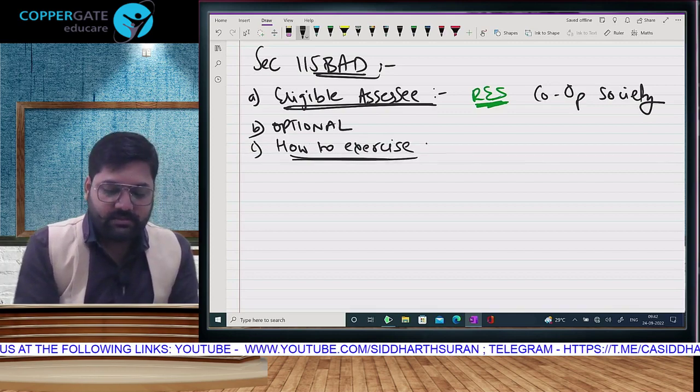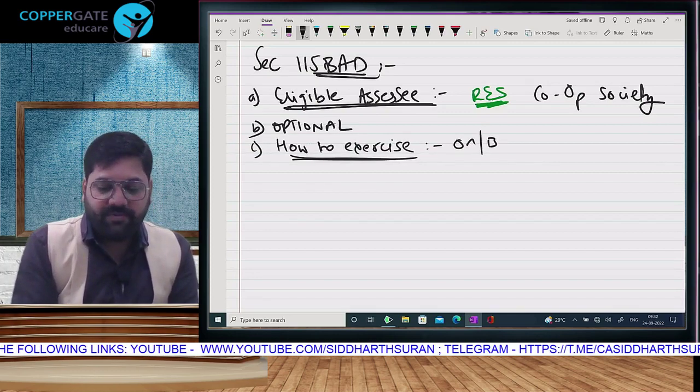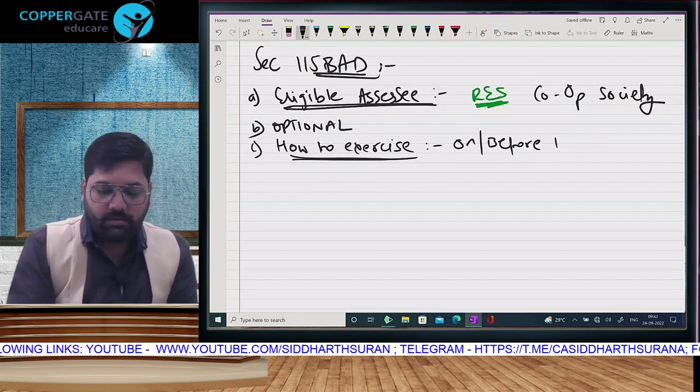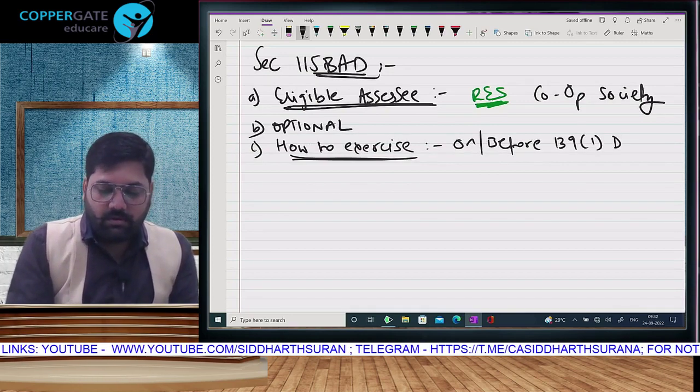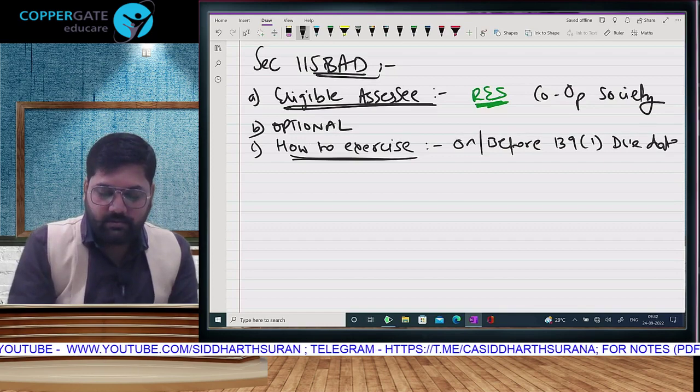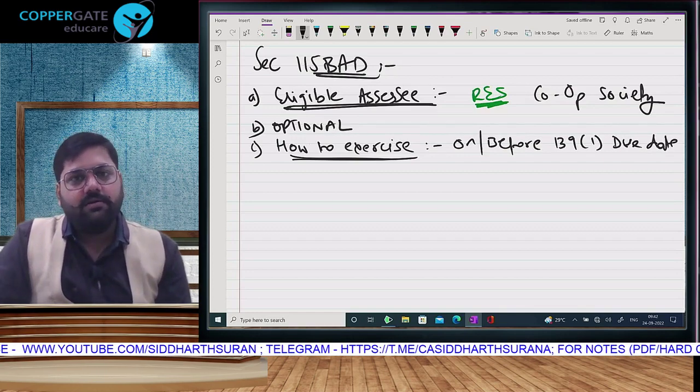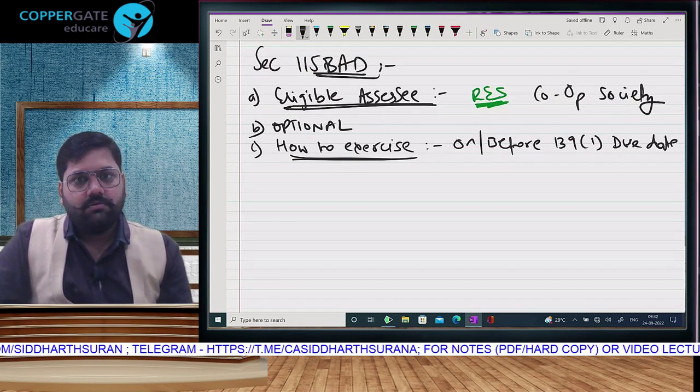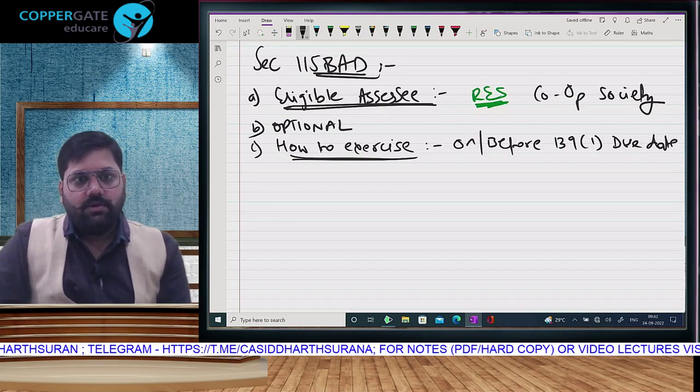How to exercise: on or before the 139(1) due date of return filing. मित्रों, on or before the 139(1) due date.